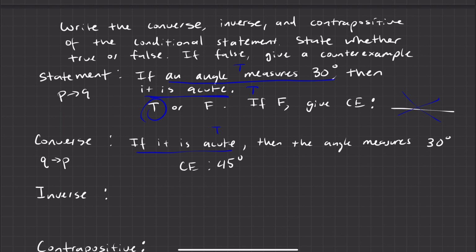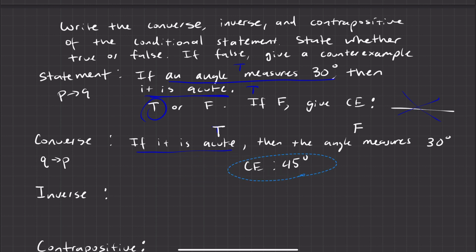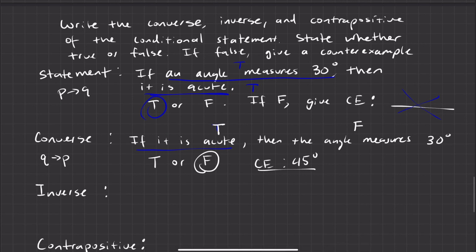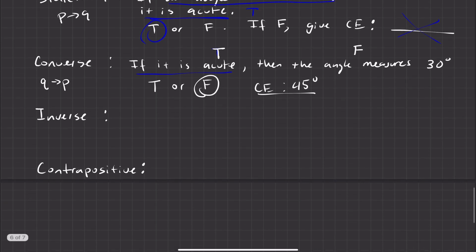So since this is true and this is false, that means the conditional is false. So I would write F for false. Okay, and your counterexample would be 45 degrees.